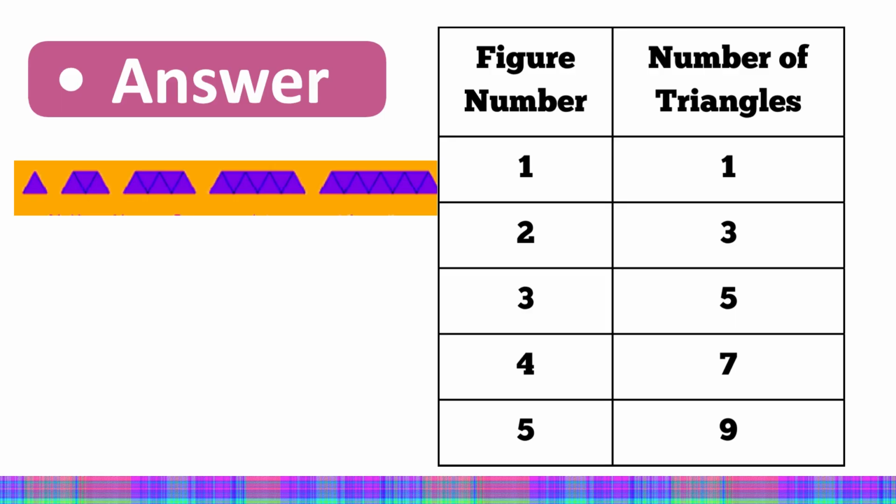Our input values are 1, 2, 3, 4, and 5, and our output values are 1, 3, 5, 7, and 9. Notice that the number of triangles starts at 1 and increases by 2 each time. That would be the pattern rule for the output.